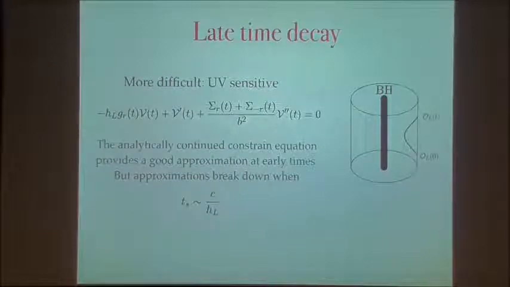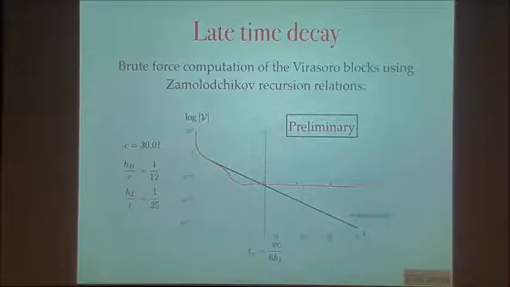There's a very well-defined way to compute these Virasoro blocks, and that is using the Zamolodchikov recursion relations. You can certainly do that. It's not a very efficient way, but you can try to optimize it slightly and make it run for a super long time.